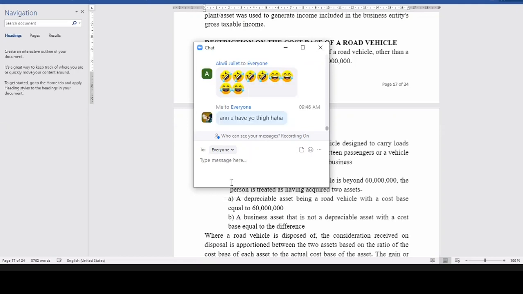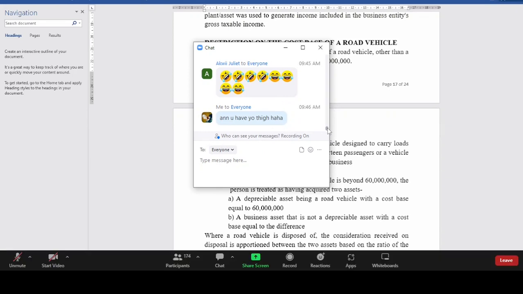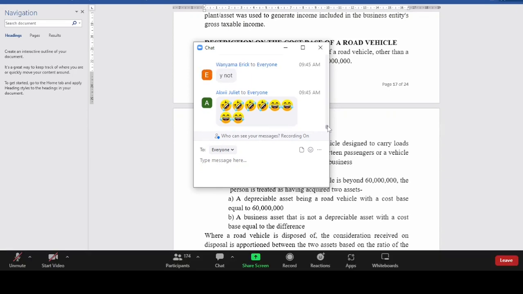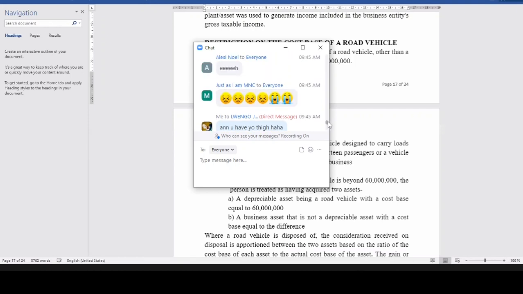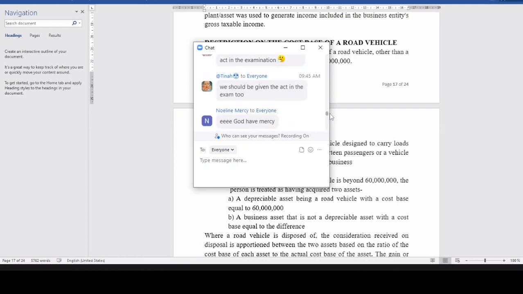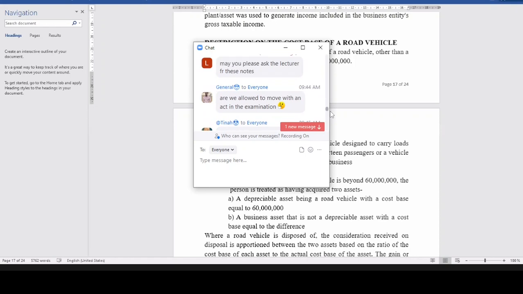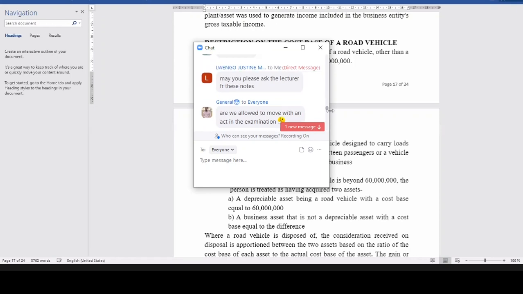So you read what you have. Restriction of the cost base of a road vehicle. Guys, if you have a road vehicle, we need to know what is a road vehicle.